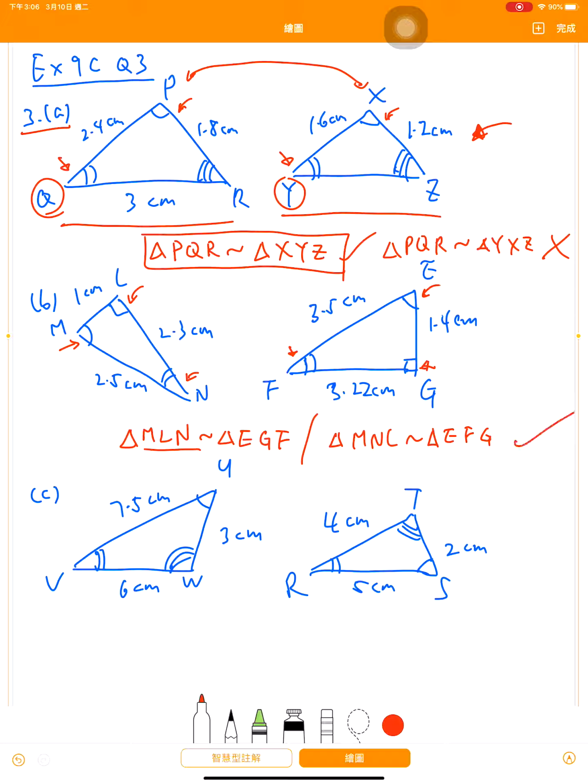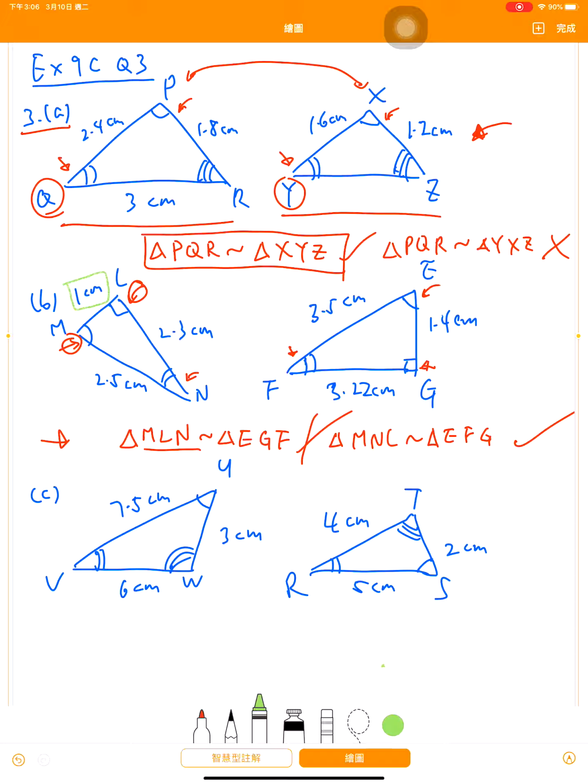Then for part C, this time I want to use another method. In fact, for part B, we can also observe this one. Besides using the angles to observe which point corresponds to which point, we can also use the length to observe. What does it mean?